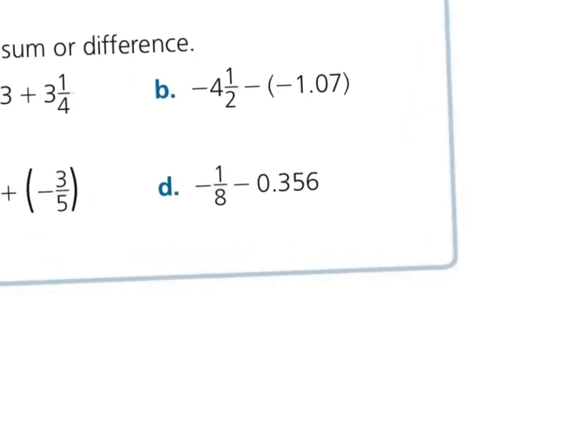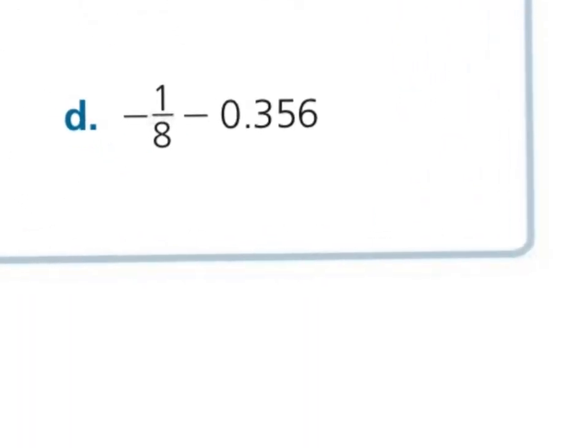If we go down to number 3, part D, this is subtraction, so we can go ahead and add the opposite. You'll notice the first one's a fraction, the second one's a decimal. So the fraction 1/8, we can actually change that to a decimal.